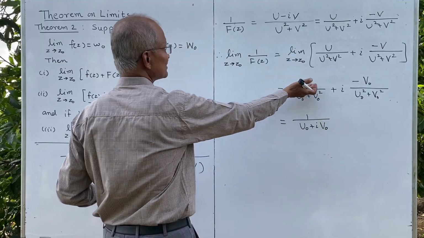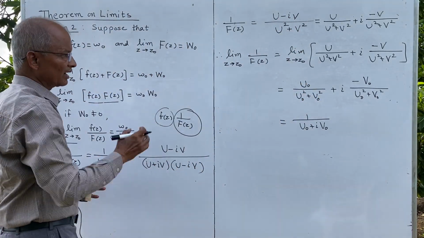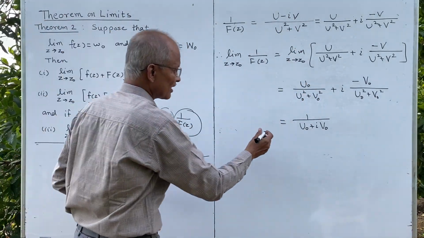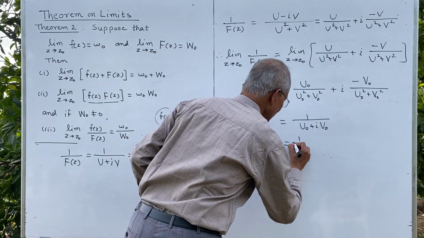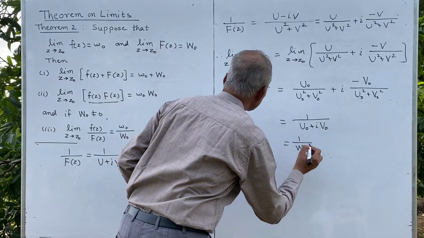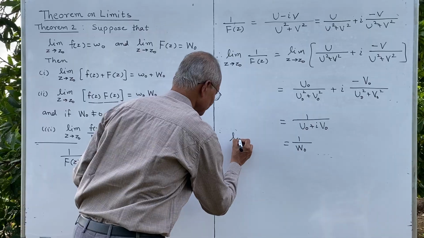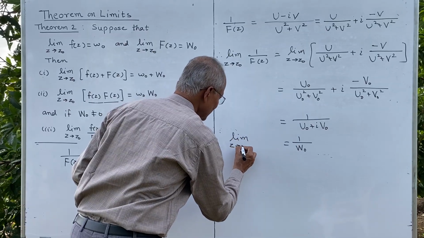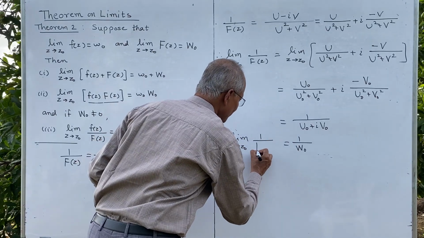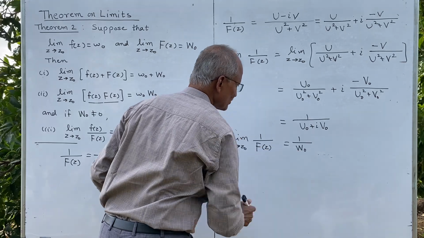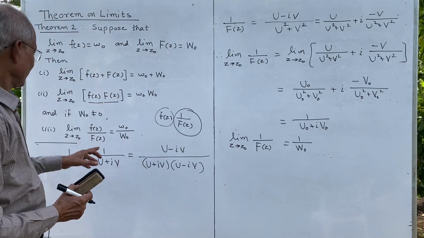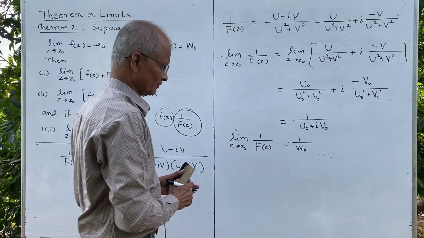You see, it is the similar expression here. But what is this? This is w naught. So 1 upon w naught, and thus what we have proved is limit z tends to z naught of 1 upon capital F of z is equal to 1 upon w naught, when w naught is not equal to 0.